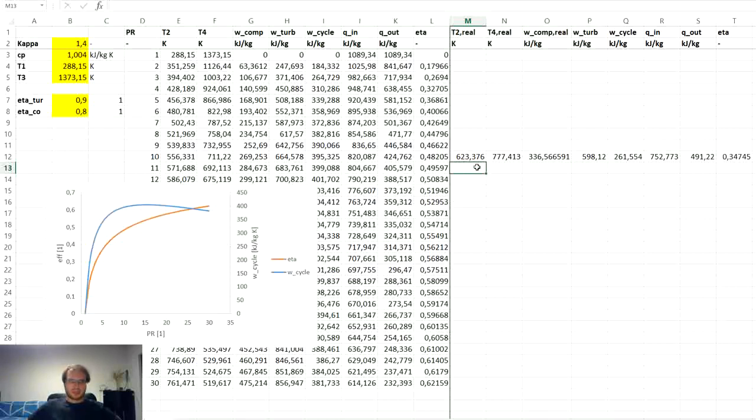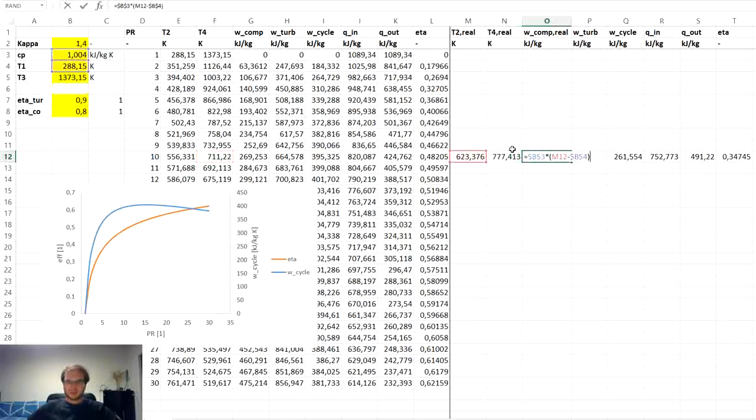Okay, so the method of calculation that we just have shown can be implemented, for example, in a spreadsheet in order to get easily the values for different pressure ratios. So we have the temperature at the outlet of the compressor, where we use the original temperature after the compressor, the temperature at point 1 at the compressor inlet, and here we have new parameters, the efficiency of the turbine, and in this function the efficiency of the compressor is used. Similarly, the efficiency of the expander results in the new temperature T4.